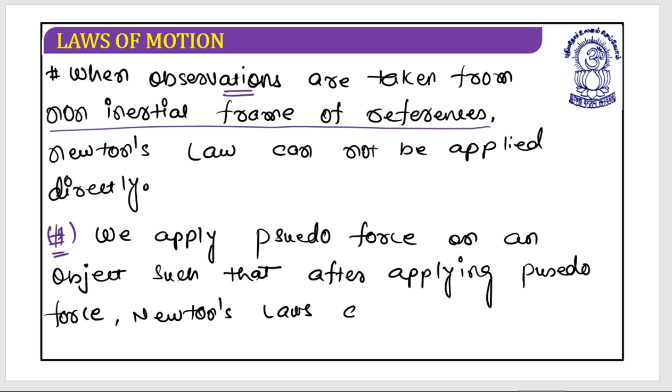So the situation is that when observations are taken from a non-inertial frame of reference, Newton's law cannot be applied directly. What we are supposed to do is apply a pseudo force on a certain object so that after applying it, we can use Newton's laws on that body.